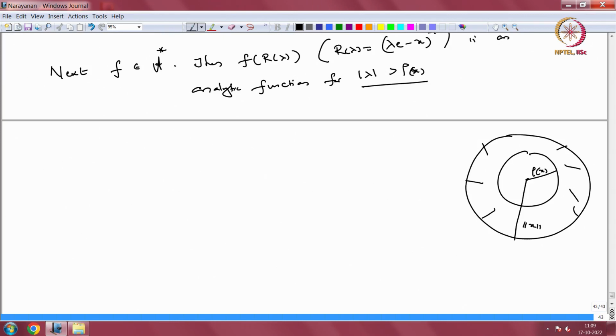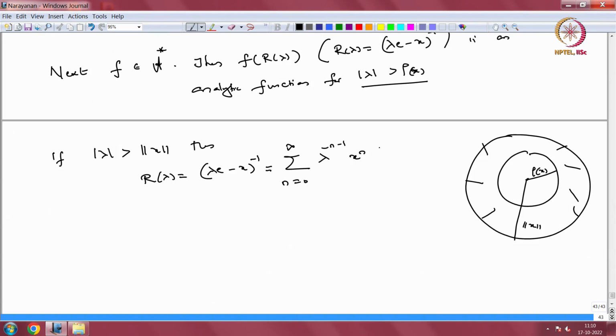Okay. Now, outside rho x, so if mod lambda is greater than norm x, so outside the bigger ball, we know how to write R lambda. R lambda is (lambda e minus x) inverse. This we can expand as the sum n equal to 0 to infinity of lambda to the minus n minus 1 times x^n.